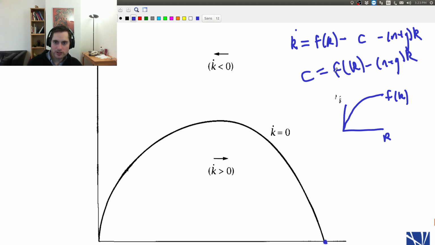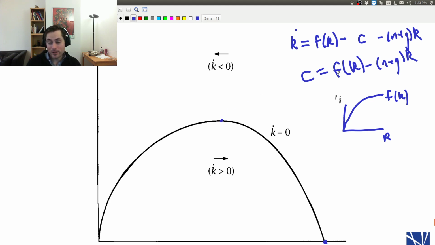Okay, so at first this thing is growing. For small amounts of little k, this part is growing faster than that part, so that means this is increasing. Then eventually it gets to the point where the slope of that is equal to the slope of that, which, by the way, what is that? What does it mean when the slope of the production function is equal to the slope of the break-even capital line? It should be right here where the slope is 0.